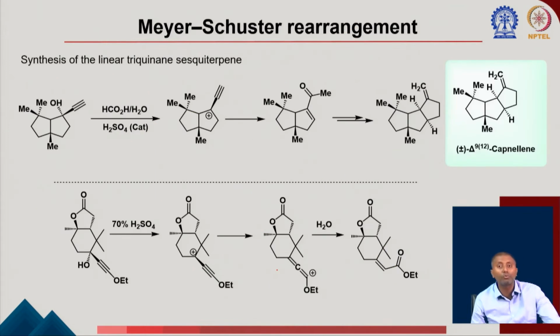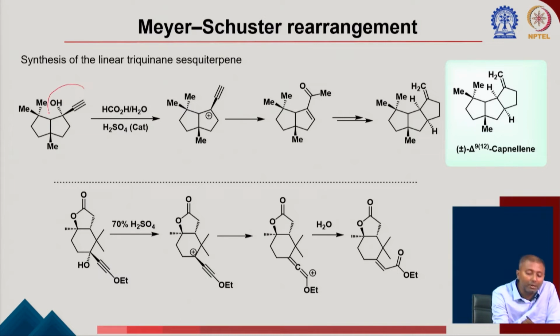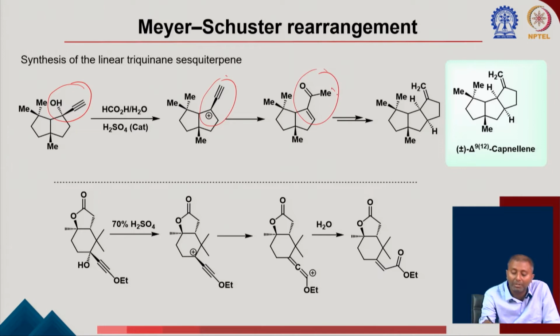So let us go through some examples here. This is one example, where we can see a propargylic alcohol, which will get protonated, then it is going to form this allene, and once you form the allene, it will get attacked by water, which will form this particular compound. Once it forms that, it can undergo further transformations to get to the corresponding natural products.